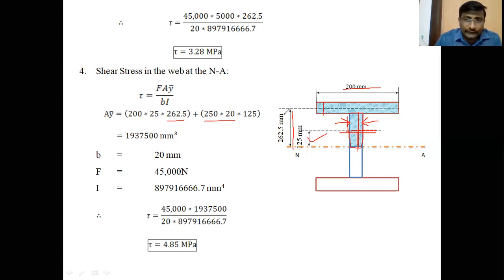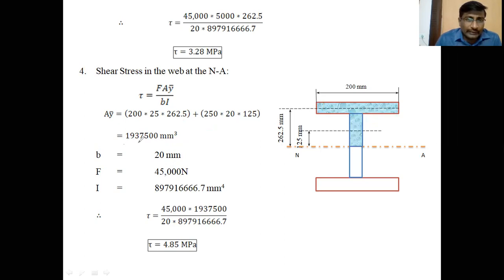So 250 into 20 into 125 is A2Y2. A1Y1 plus A2Y2 becomes A y bar, which is 1937500 millimeter cube. Area is millimeter square and y bar is millimeter, so millimeter square into millimeter gives millimeter cube.